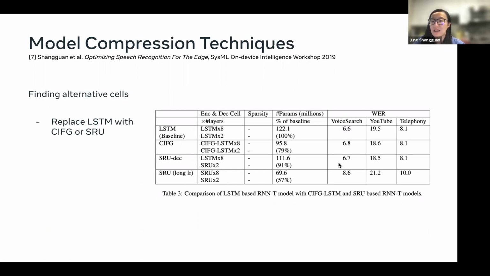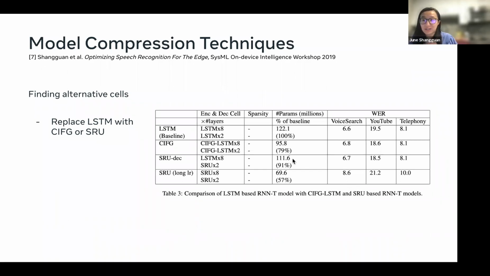If you look at row number 3 versus row number 1, there is obviously an improvement of the model size with respect to the baseline, computed as million parameters. But if you actually swap everything with SRU, then the model quality degrades drastically.